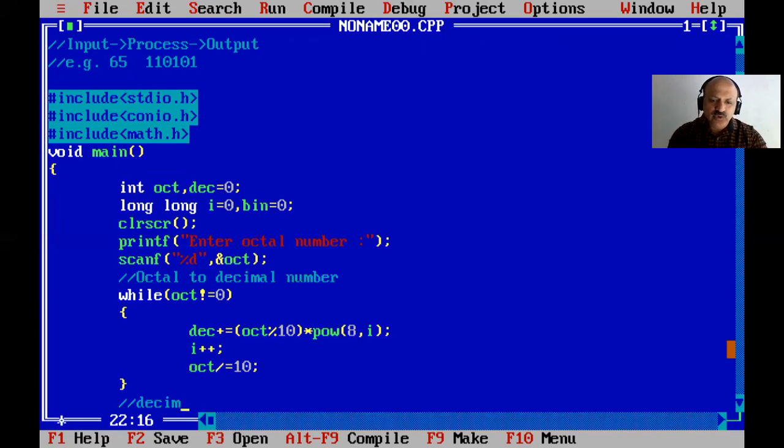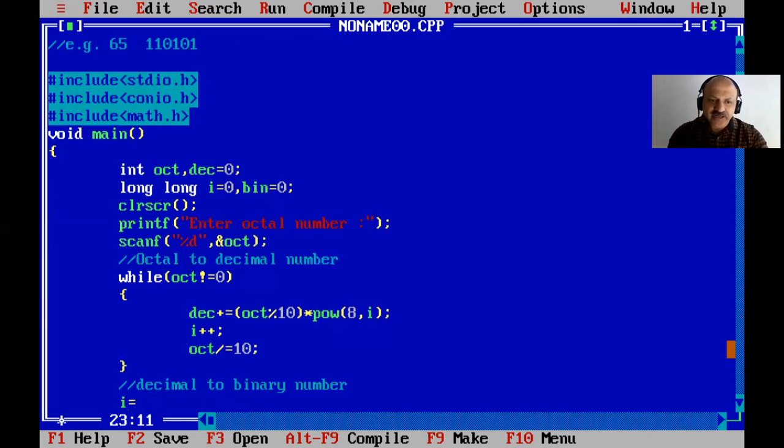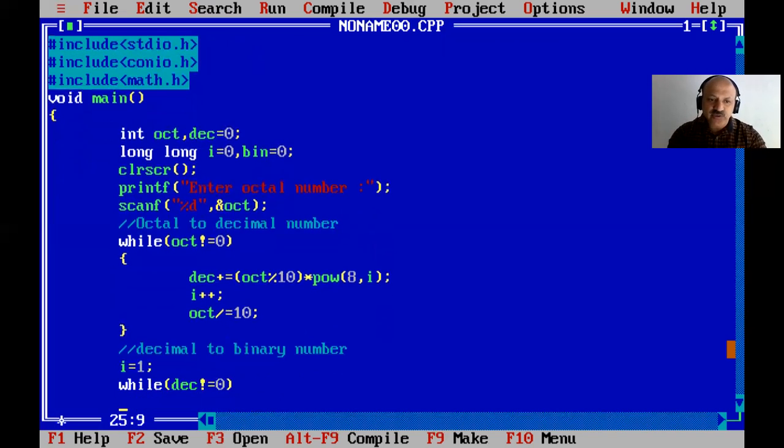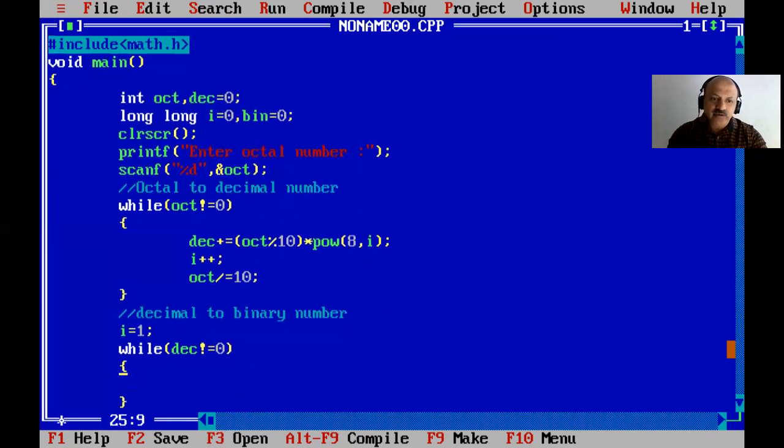Yes, so we can decimal number to binary number. So that is you have to know. And first I initialize 1, and again I take as while. So now we can say that decimal not equal to 0, and then here also we can take as binary.